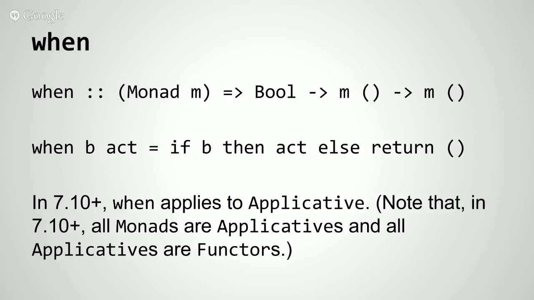If the bool is true, it'll do the action, and if it's false, it just returns unit and doesn't do it. And in newer versions, when applies to an applicative, so you can use it on an applicative regardless of whether it's a monad. That doesn't break anything, because all monads are applicatives.